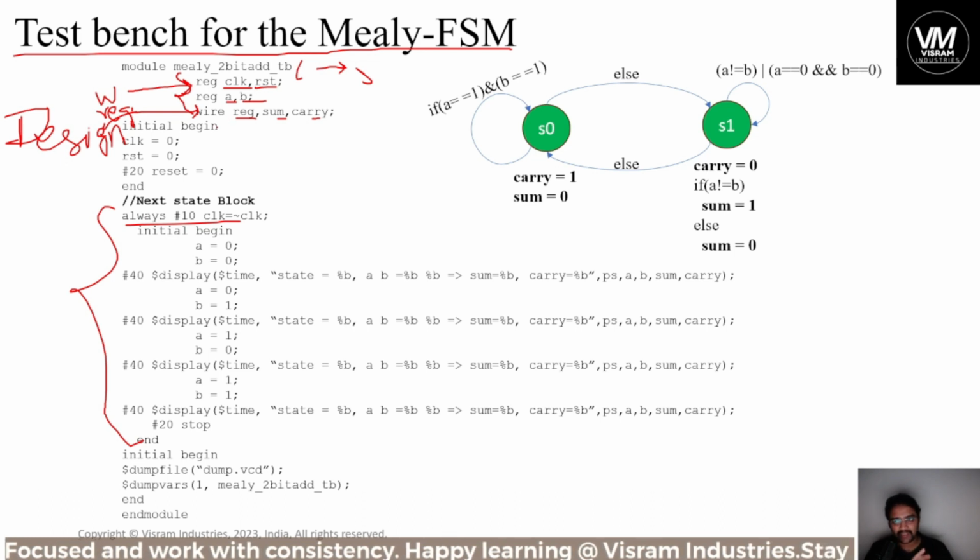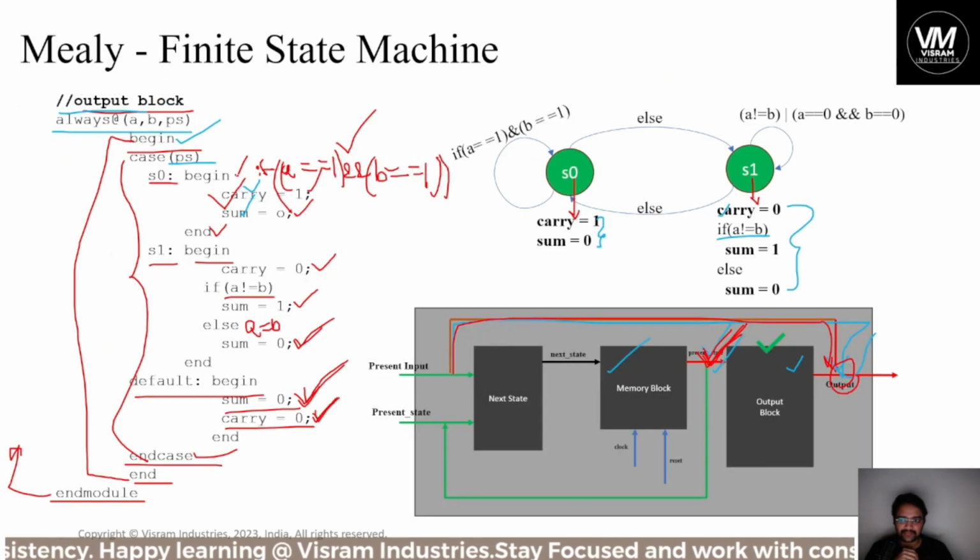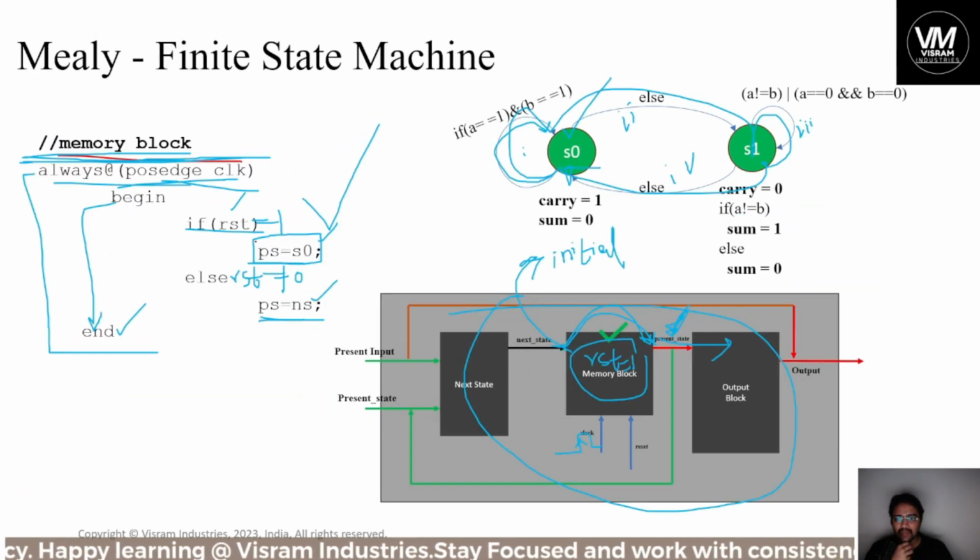It's an environment. Based on this, in the initial begin, clock should be 0, reset should be 0, and after 20 nanoseconds, reset should always be 0. Why? Because here in the memory block, if reset is not equal to 0, then it is working. Then the output of present state is taking the next state. Got it?